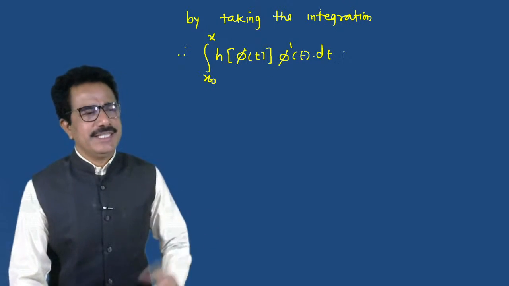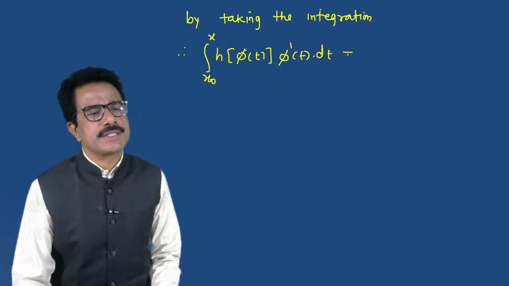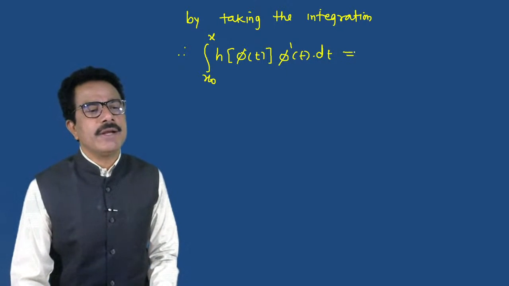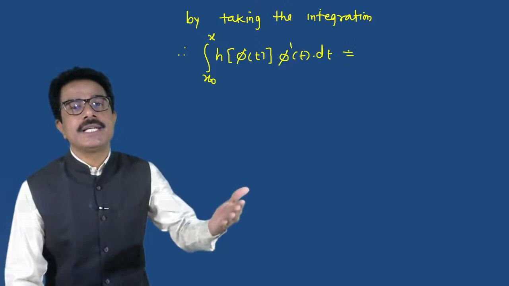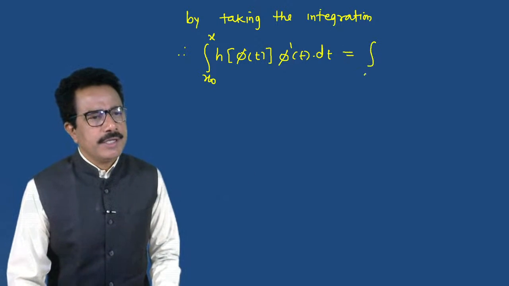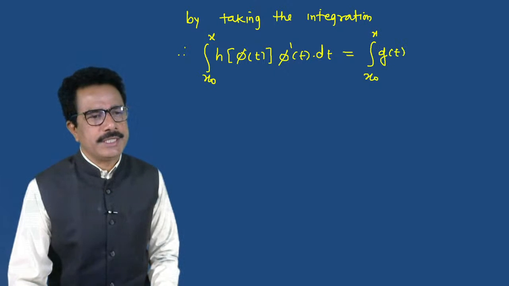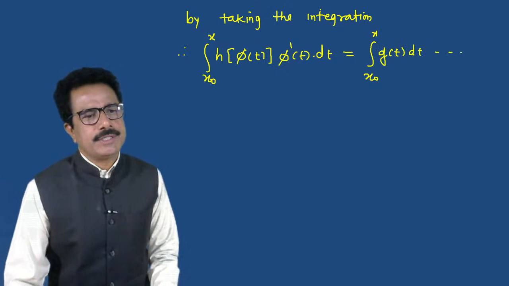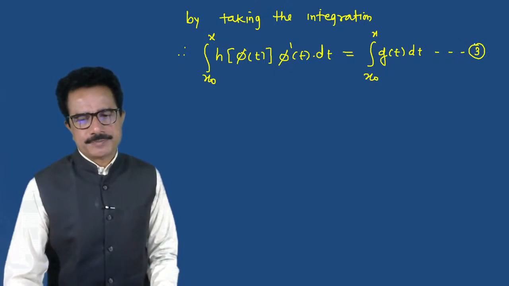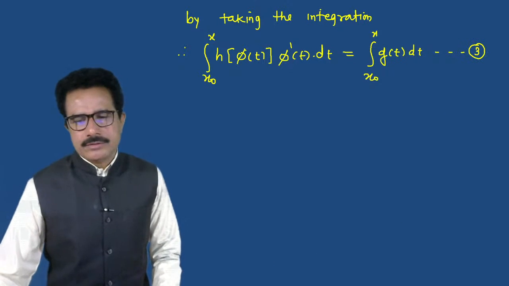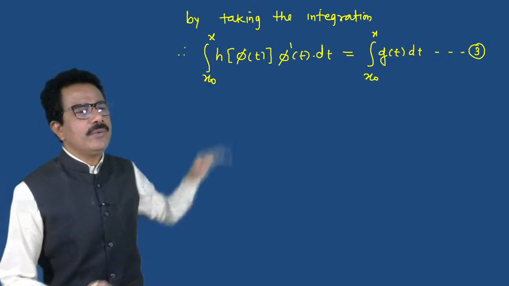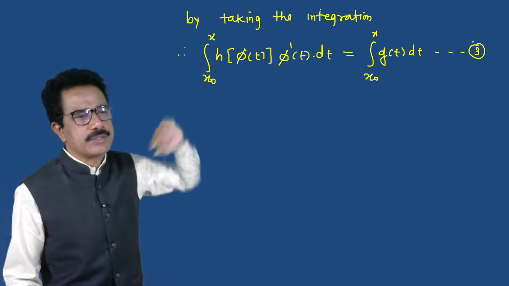We can write the integration from x0 to x in the interval I. So we have to convert this into t: integral from x0 to x of g of t dt. Suppose this is equation number 3. Now we can find the solution. Now our aim is to find the solution.